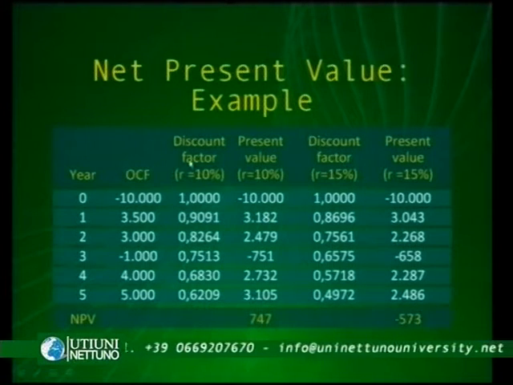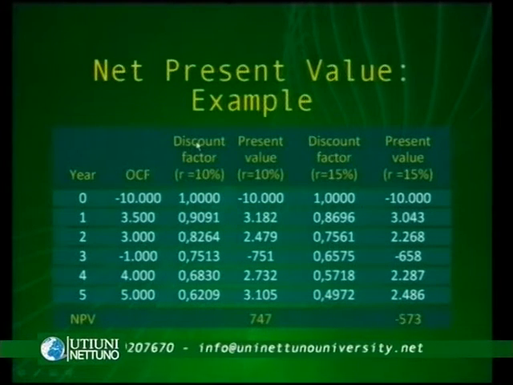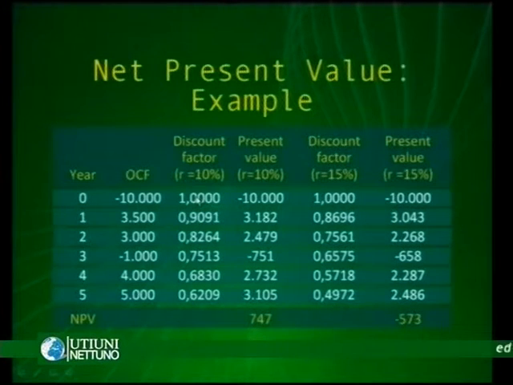And in the third column, we have calculated the discount factor for each of these cash flows, assuming that the appropriate discount rate is equal to 10%. So here we find the discount factor that is applied to each of the cash flows depending on its timing.